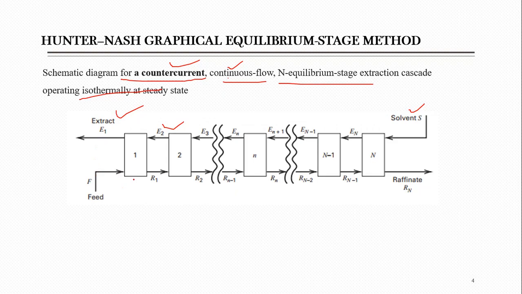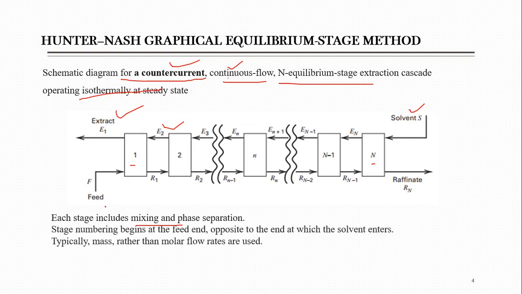You have seen yesterday that this system contains N number of stages, and each stage includes mixing as well as phase separation. Solvent and feed are mixed, and then they separate out into extract and raffinate. So each stage is indicative of this mixing and phase separation.